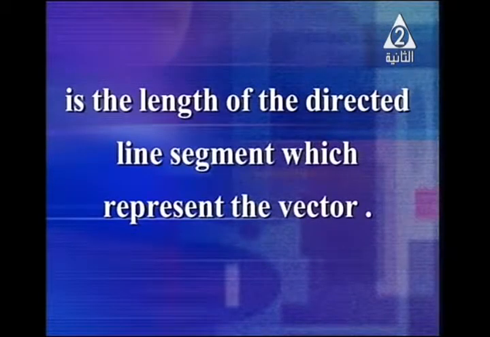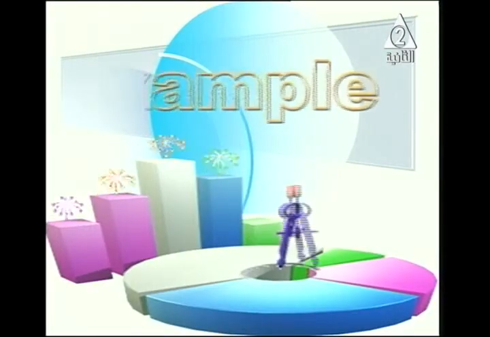What is the norm? It is the length of the directed line segment which represents the vector. Remember, dear student, the length of the directed line segment which represents the vector is called the norm. Example.